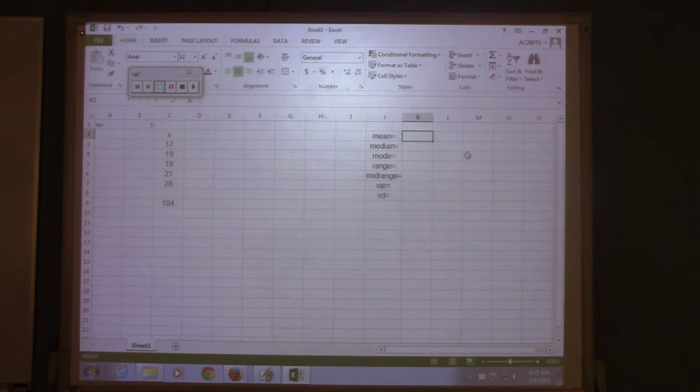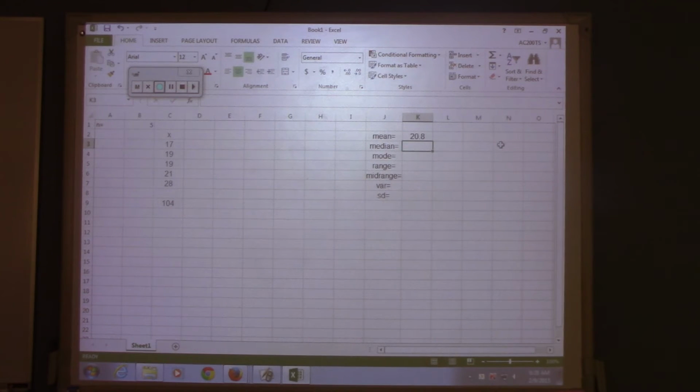And then we go over here and it says equals this number divided by that number. There's my mean. So when you do that, do you have to hold anything to select those two to divide? No. Usually when you hit equals, it automatically says, okay, what you want me to add, subtract, multiply, divide. And you just got to pick the cells.